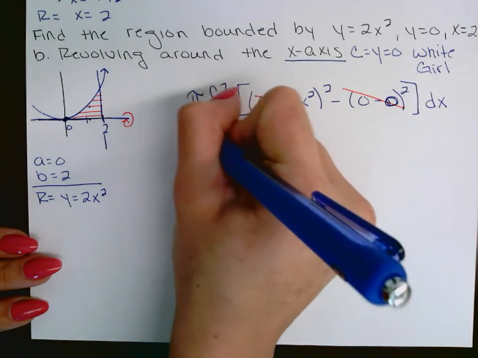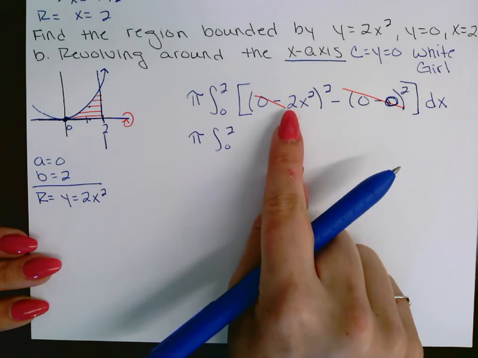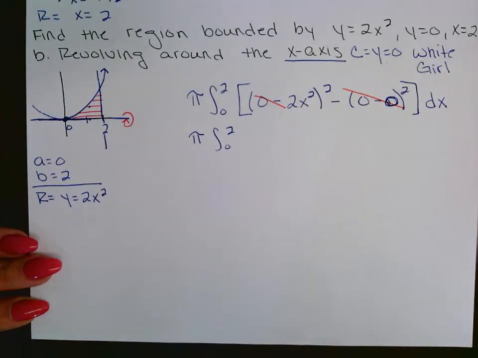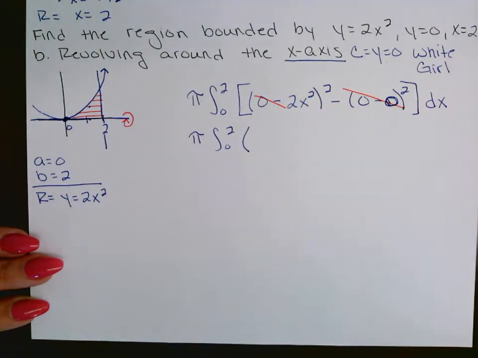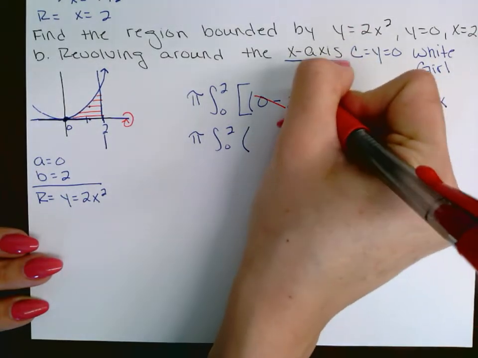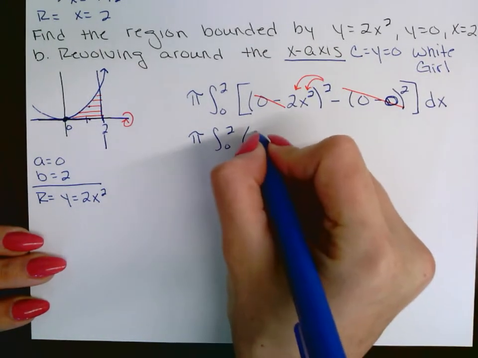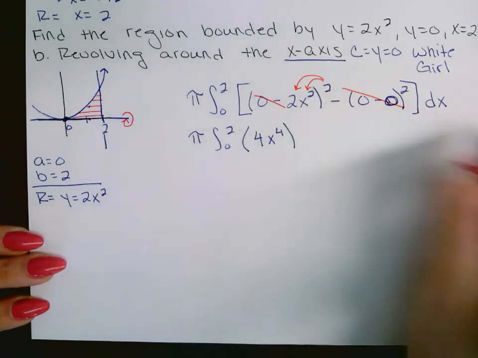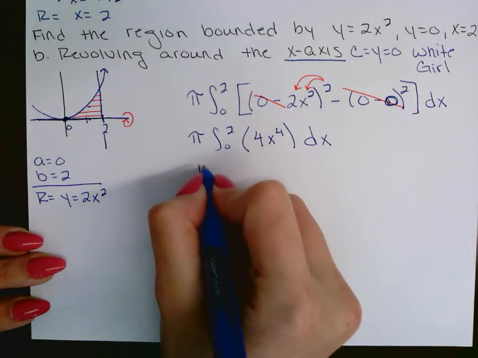So now I keep on with my integral. Be careful here. We don't need a negative. 2x squared gives me? Good. Make sure you square the 2 as well. So the 2 gets squared, and so does the x squared. So I get 4x to the 4th. And the rest cancels out, and I have dx. Drop down the pi.